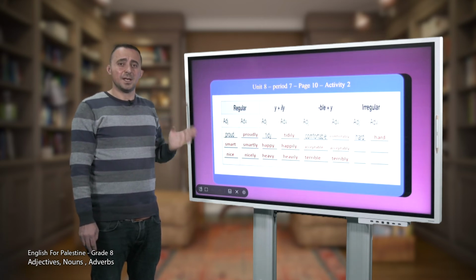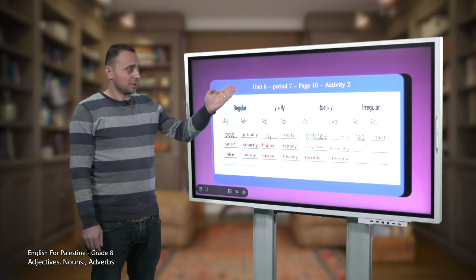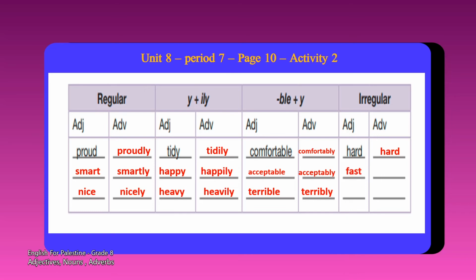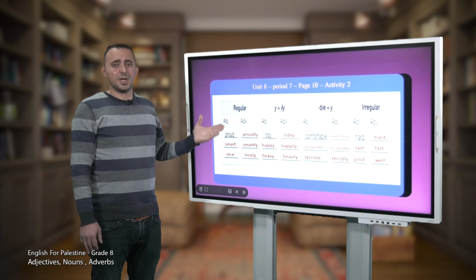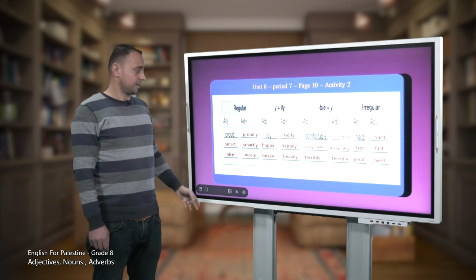If the sentence has a verb, after the verb, we need an adverb. So hard is an adverb. Let's continue. Fast, fast. Good becomes well. So here we have the regular and the irregular form of changing the adjectives into adverbs.